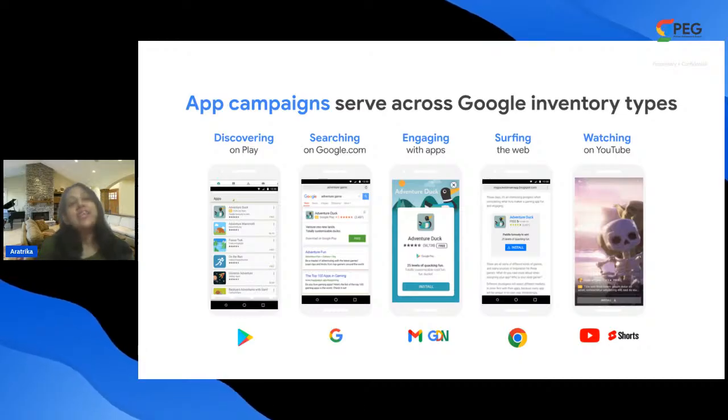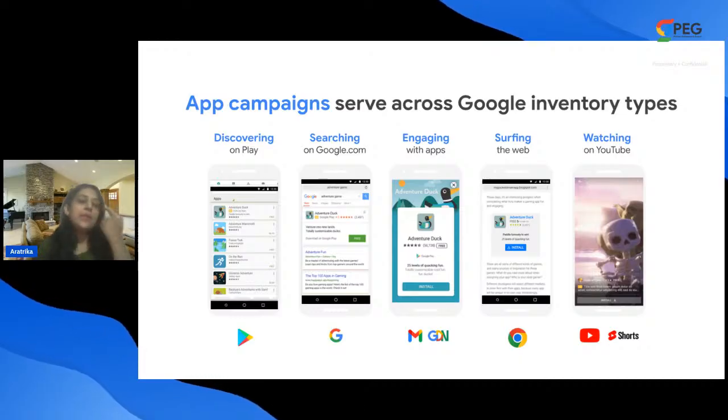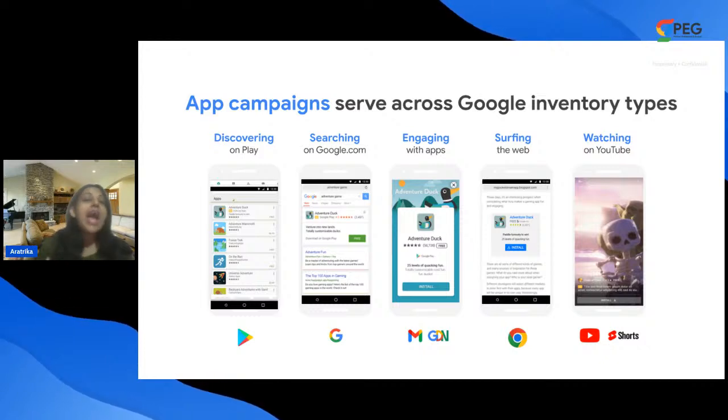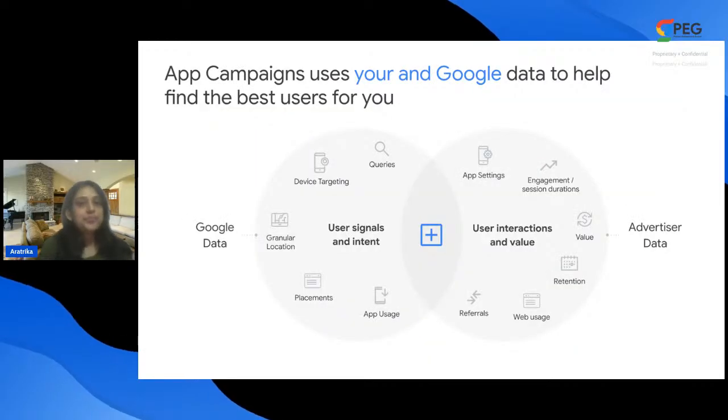All these inventories are compatible with app campaigns. Hence, you can leverage the entire power of all these Google inventories, reach the high volume of user base, and expect good performance out of your app campaigns.